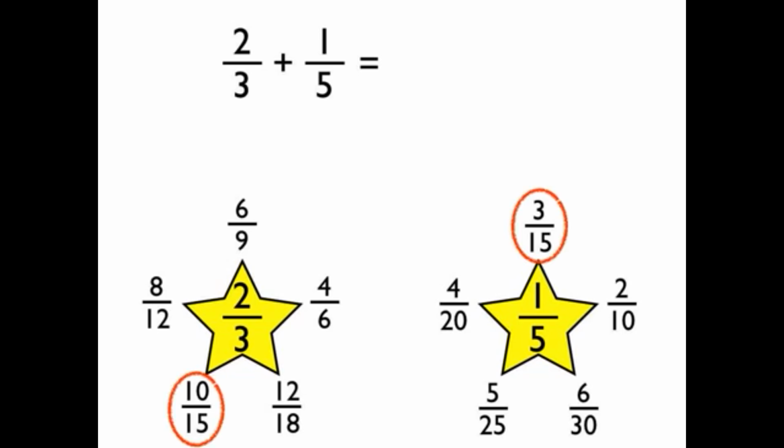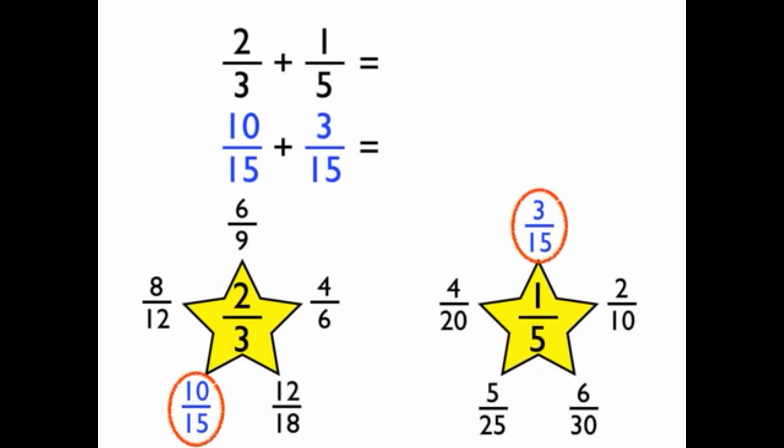The next thing you do is you have to spot which of the equivalent fractions in each side have the same denominator. So in this case, 10/15 and 3/15 have the same denominator, 15. So you use these two equivalent fractions to rewrite your original sum.